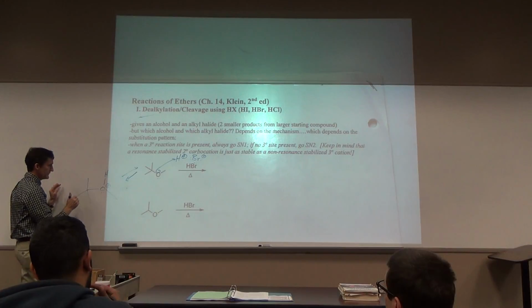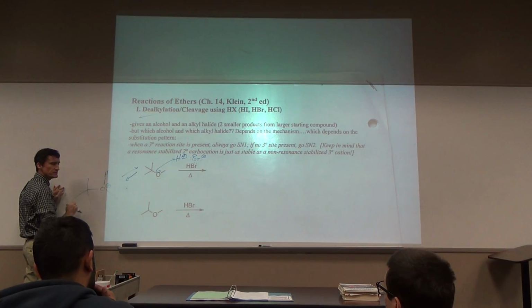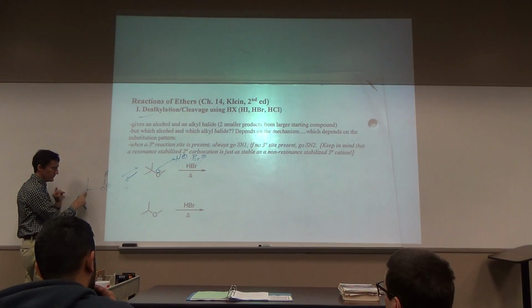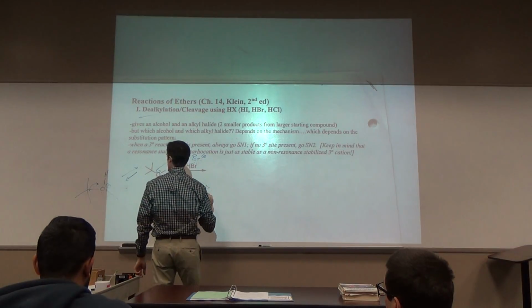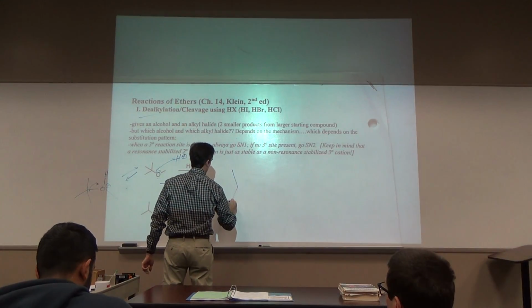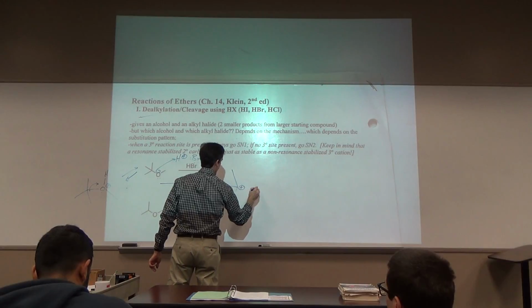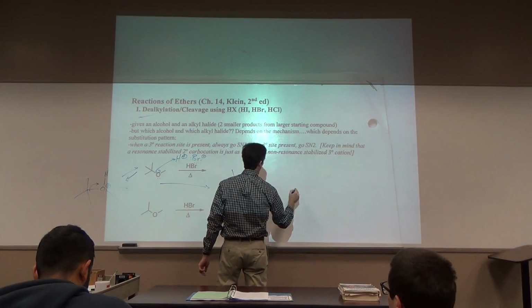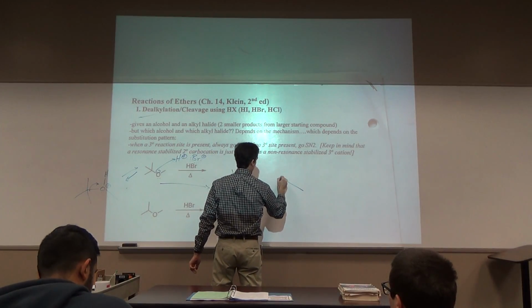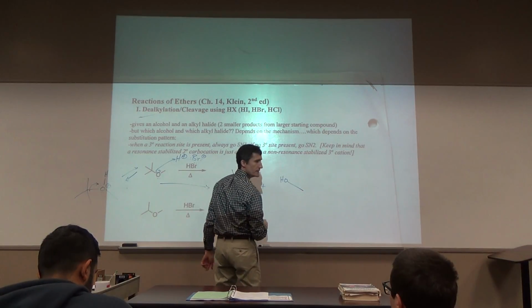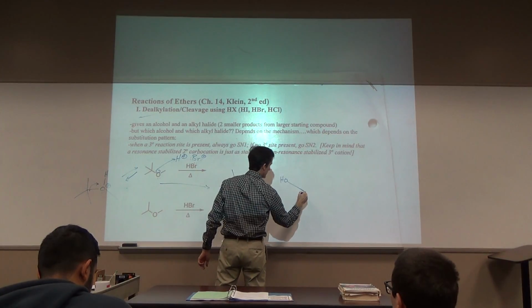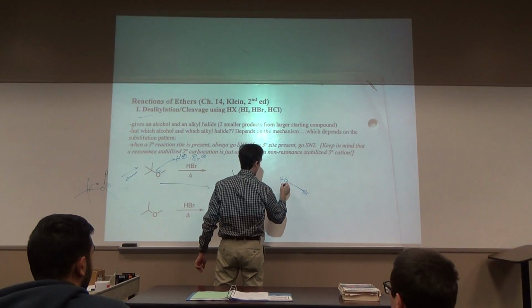Well, here's what's going to happen here. The oxygen is going to leave a carbon. Is the oxygen going to leave the carbon on the right or the one on the left? It's going to leave the one on the left. And what's that going to give? It's going to give that cation plus what? Plus methanol.